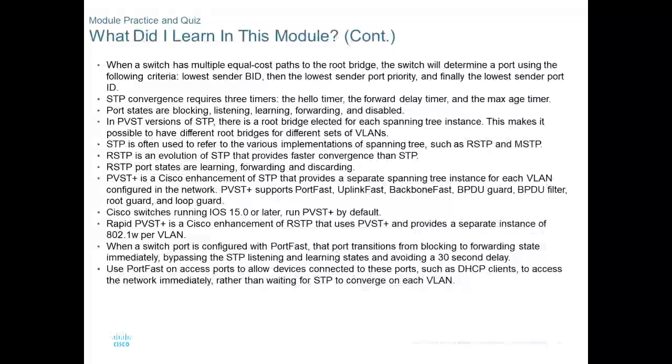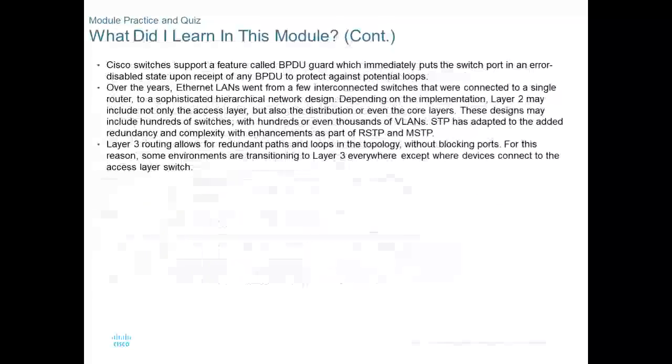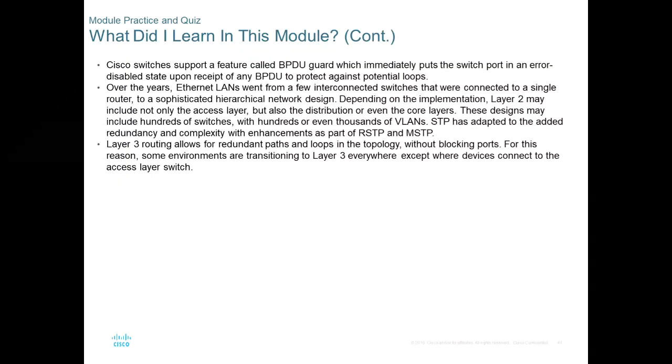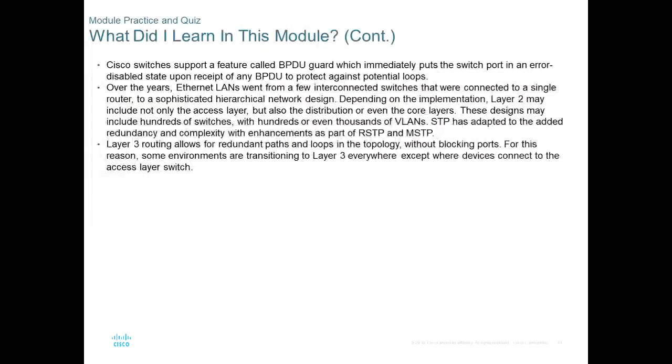So port-fast is only to be activated on ports directly connected to host machines, and we would have an instant shutting of that port if it ever received a PDU.